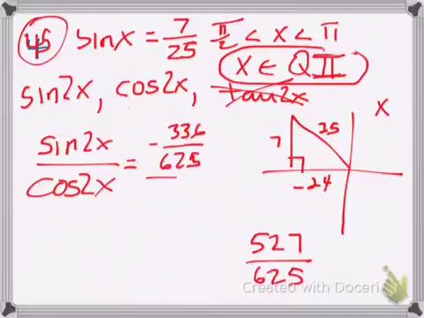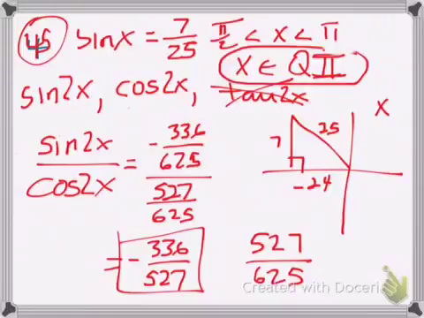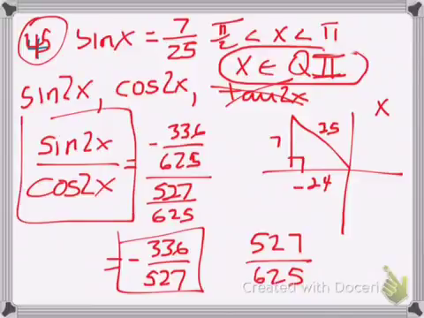And this answer is 527 over 625. So the sine over the cosine, the 625s cancel, and we're left with negative 336 over 527. That's the tangent of 2x. So it's really pretty easy to find using the sine over cosine identity for tangent of 2x.